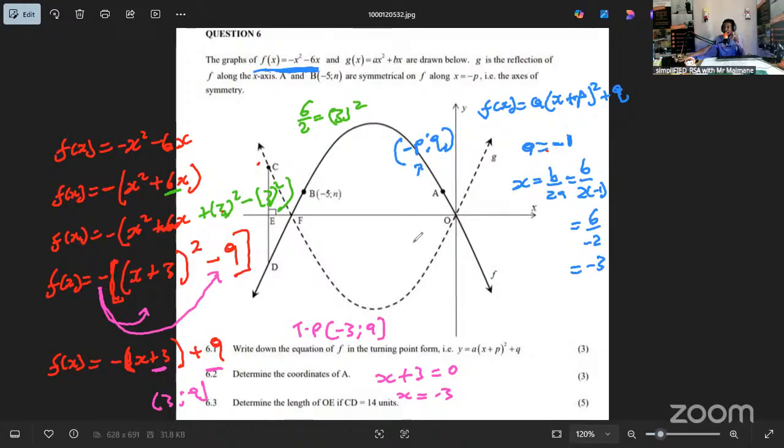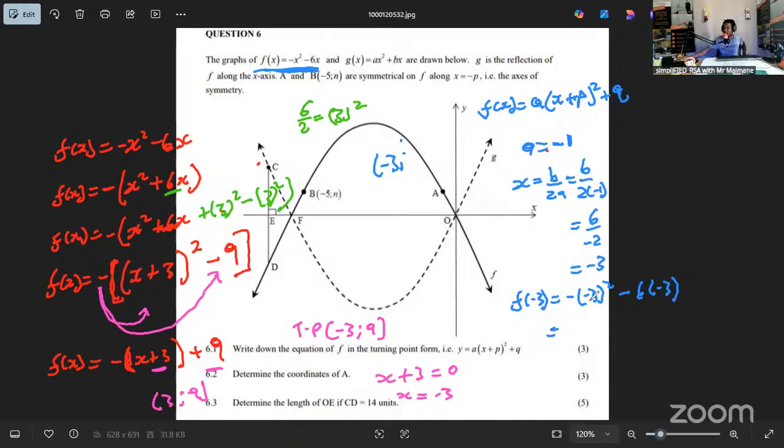So you know your turning point for the x value is already going to be -3. Now you are looking for the y part. And to get the y part from the original function, you just say f of -3 is equal to minus 3 squared minus 6 times minus 3.